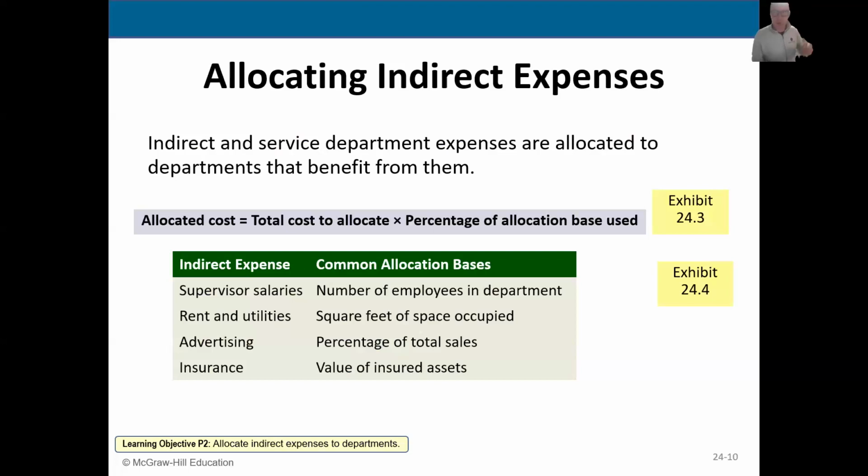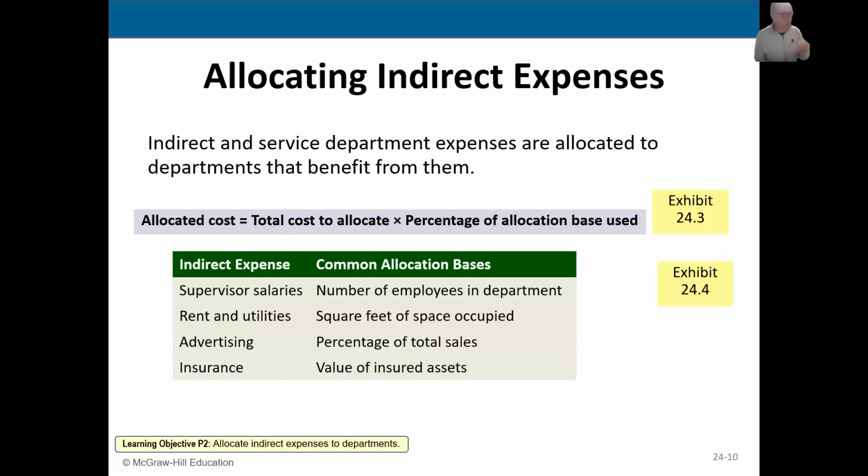The supervisor's salary, the store manager's salary. How do you allocate the store manager's salary? This person's responsible for managing the entire store. We have to allocate that person's salary. The way we do that is we take the entire amount of salary and divide it by the number of employees total and multiply that by each department.